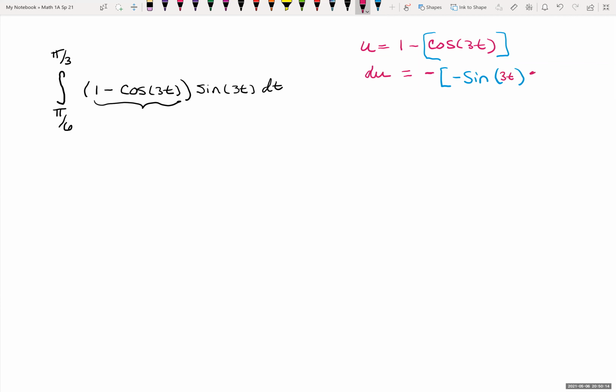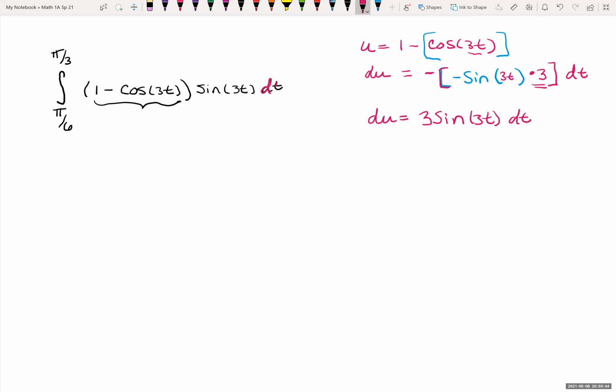But I also have to multiply by the derivative of the inner, and the derivative of 3t is just 3, and then dt. So du is equal to, well, negative and negative is positive, and let's just pull this 3 out front. So this will be 3 sine of 3t dt.